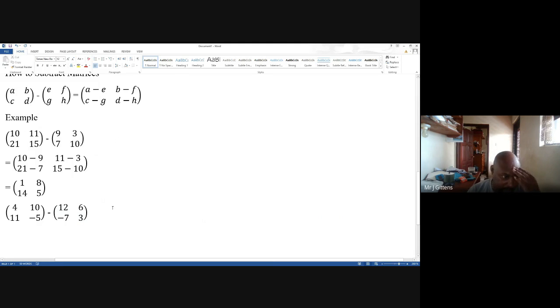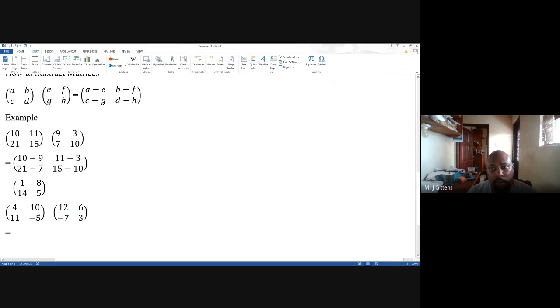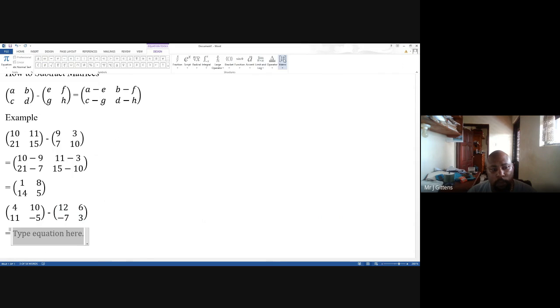So in this example, it equals, first one, 4 minus 12. You have 10 minus 6. You have 11 minus, no, we stop here. I put the minus sign there.